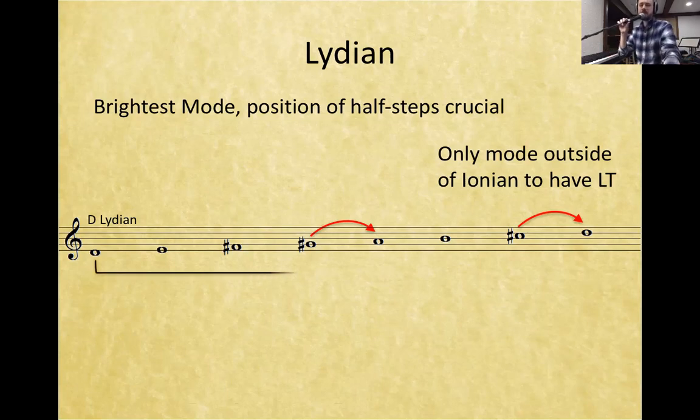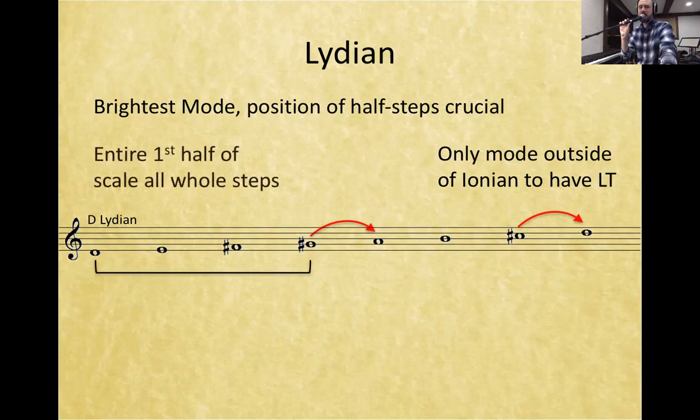So that feature is really critical, and it gives us this extra element which becomes very important for Lydian, and we'll compare this with something else down the line. We've got this group of whole steps right at the bottom of the scale. Do, re, mi, fi. The first four notes, that first half of the scale, are all whole steps, which is part of what gives it that real open brightness.